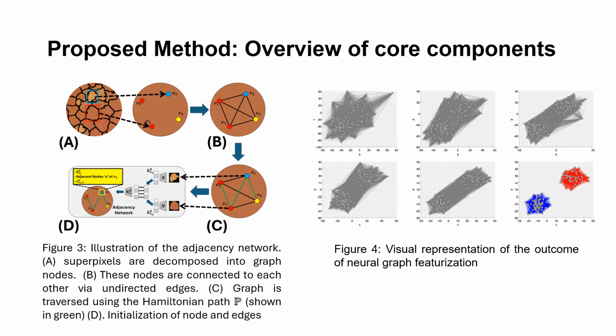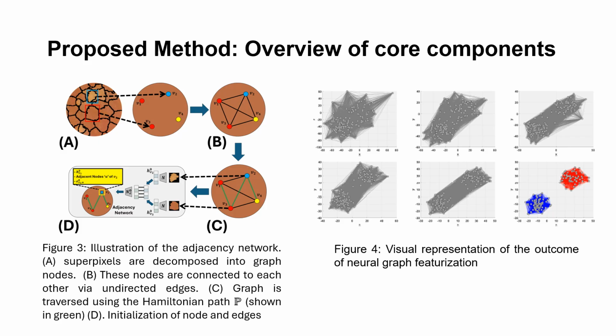Similarly, edge descriptors are computed by taking the difference between a node, for example V, and its adjacent node U, and this difference is passed through an encoder to generate the edge embeddings. Figure 4 shows the visual representation of the neural graph featurization approach. This approach is used to model the relationship between the lesion and non-lesion regions.